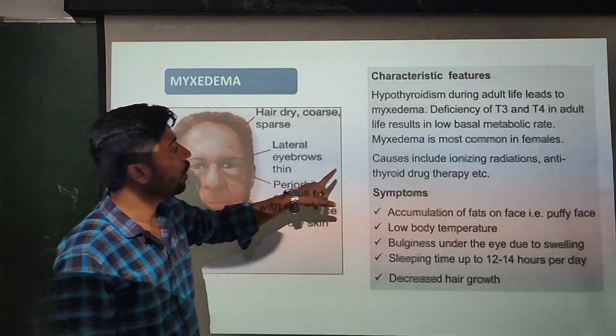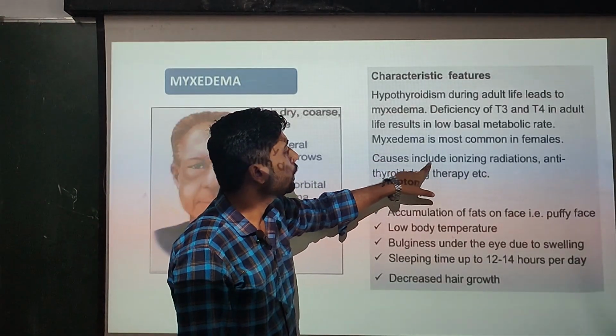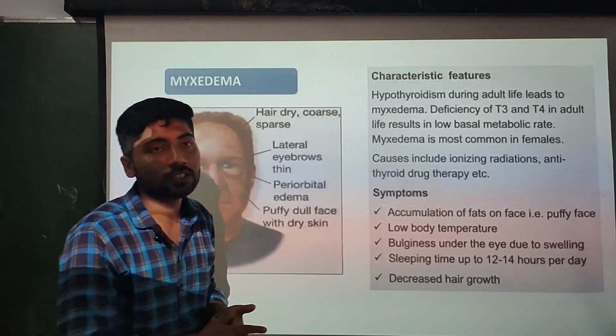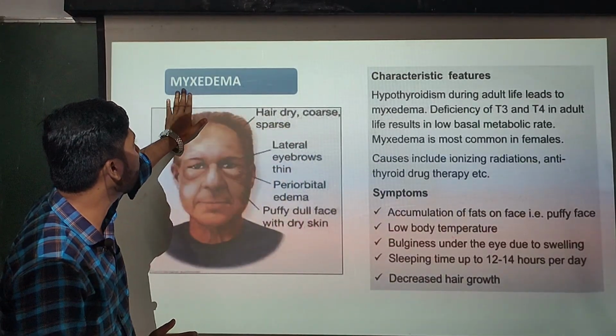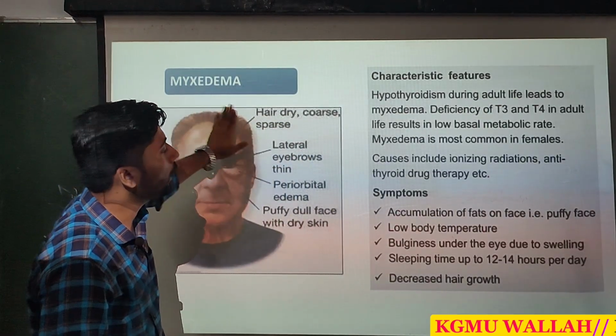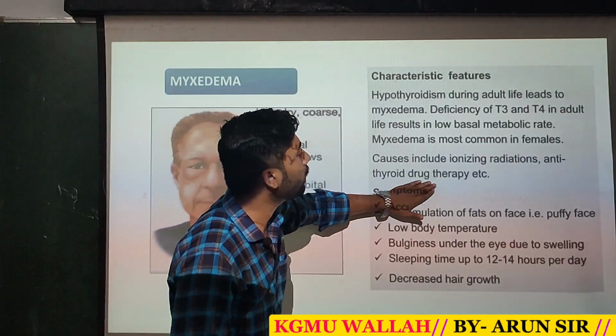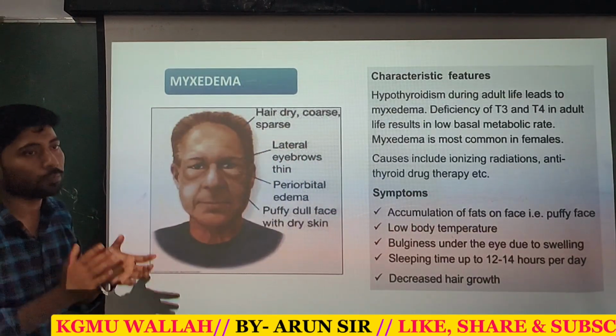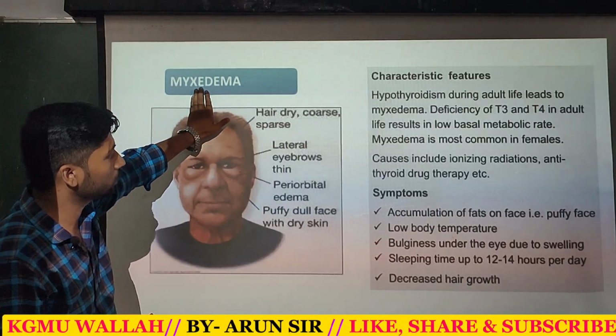If we talk about causes, they include ionizing radiation. If any radiation occurs, it may affect and cause myxedema. And also it may be anti-thyroid drug therapy. If you are taking anti-thyroid drug therapy, it may lead to myxedema.